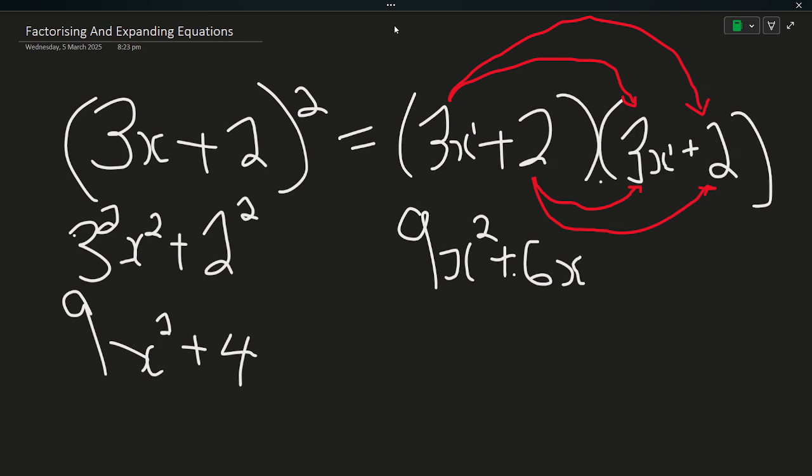So 2 times 3x, we already did that, so we don't need to do complex calculations. It's obviously 6x, and then 2 times 2 is positive 4.